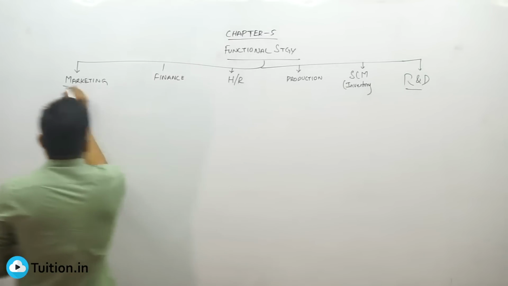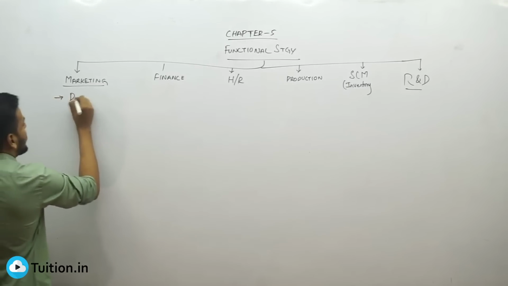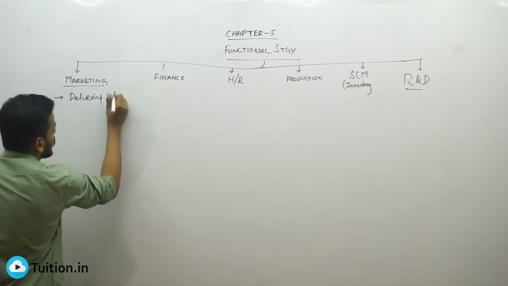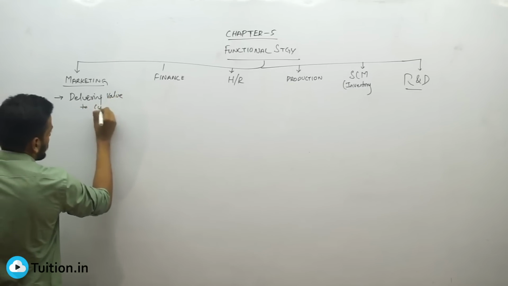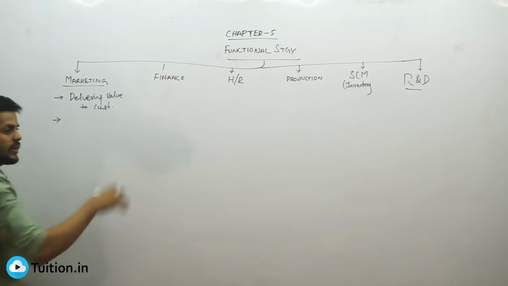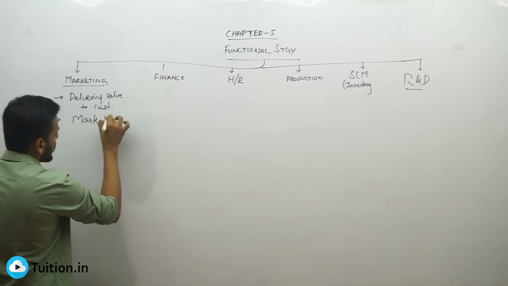Okay, let's see what the functional strategies deal with. Guys, in marketing, we will deal with delivering value to the customer. Delivering value to the customer is the most important part of marketing. In the same topic, we will be dealing with something called marketing mix. Remember what is marketing mix?